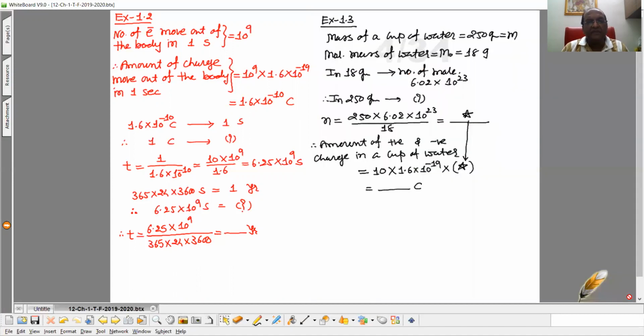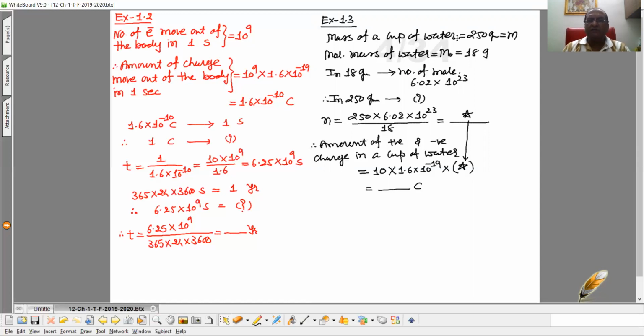Clear? Then example 1.3: how much positive and negative charge is there in a cup of water? Here it should be mentioned that for a cup of water, we have to consider the mass of that water. In the solution it is considered 250 grams, so we take it.